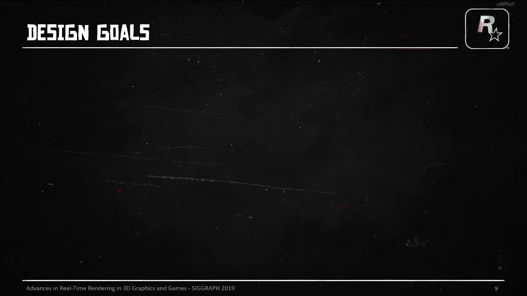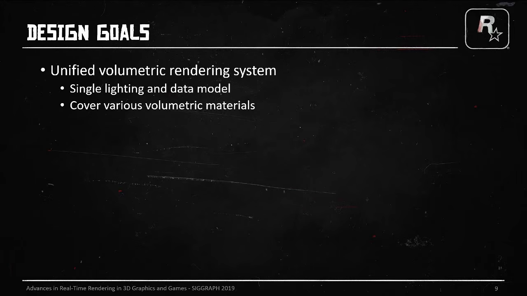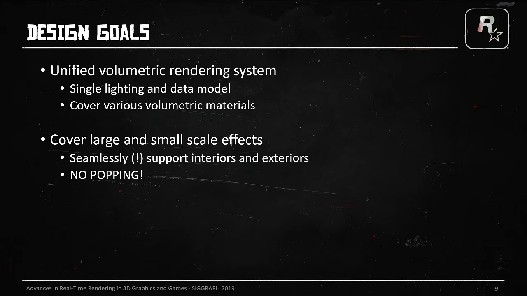So the design goals for our system were to target a unified volumetric rendering approach, where we handle all these effects we've seen in the paintings in a single system with a shared lighting and data model, covering all these effects, both large and small scale, but also seamless integration for interiors and exteriors.